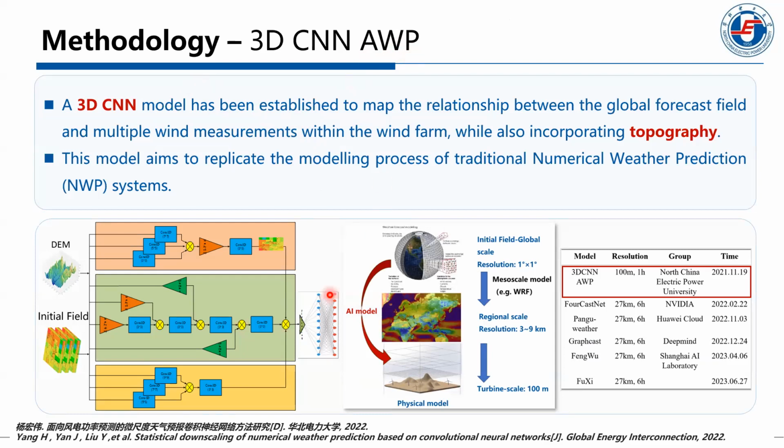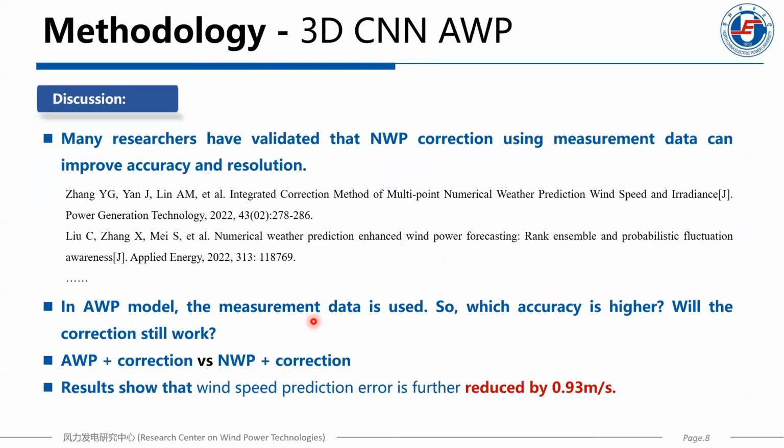You already use the measurement data at the very first step in this data-driven model, but what will the result be if you use the measurement data again to do a correction? That would be NWP plus correction versus AWP plus correction.